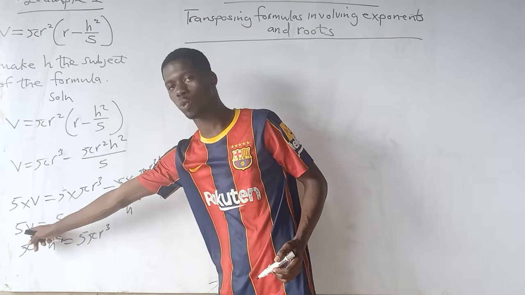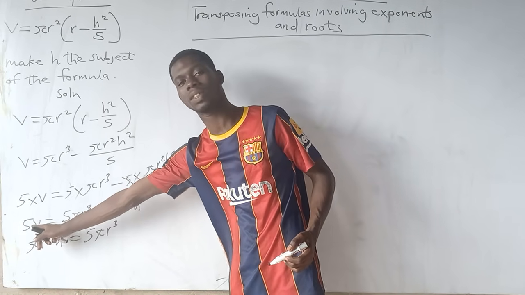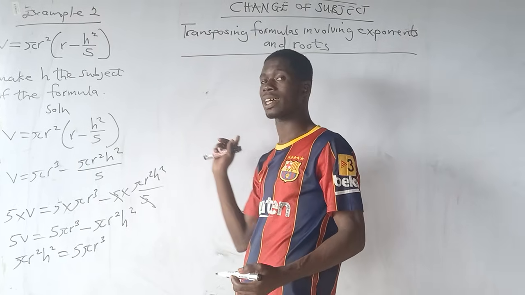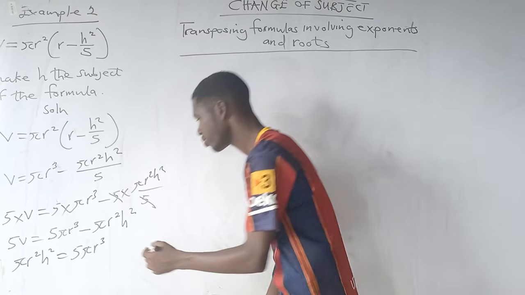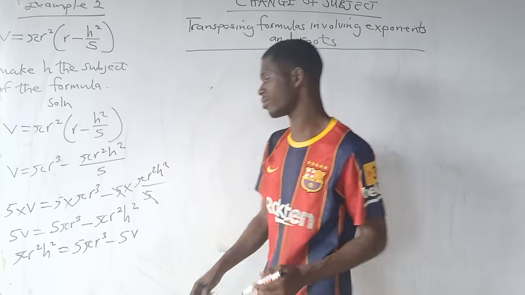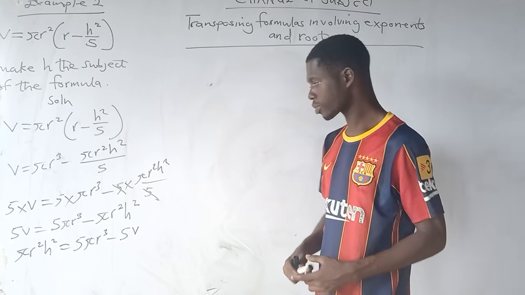And 5v is at the left hand side, positive, but I'm bringing it to the right hand side. So positive moving to the right hand side is what? Negative. Negative 5v, right?